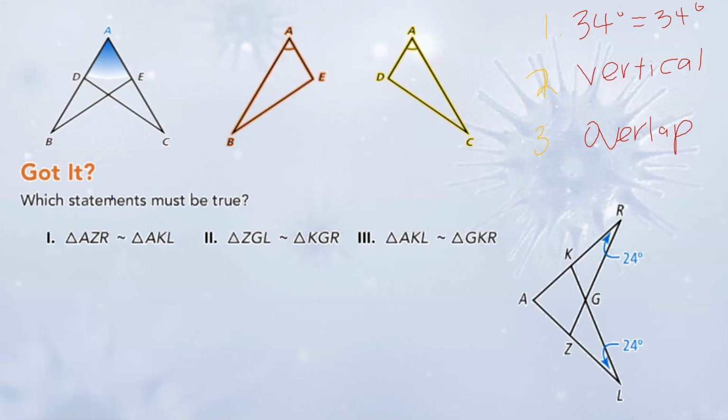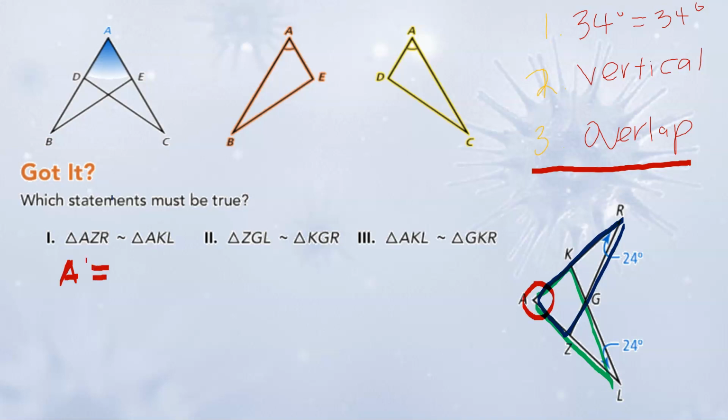Starting with triangle AZR, we want to determine if that triangle is similar to triangle AKL. Now immediately of the three options, I can see that I have a matching set using overlap. So angle A will be congruent to angle A. As long as I can prove that there is one more set of matching angles, then we can say that these triangles are similar.